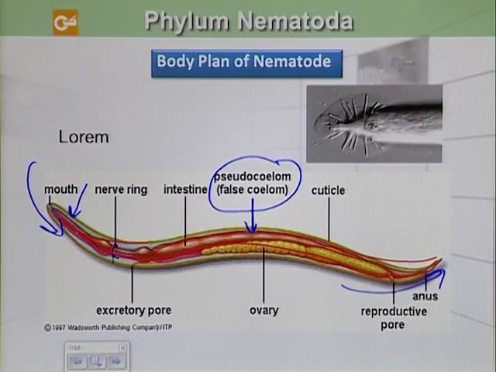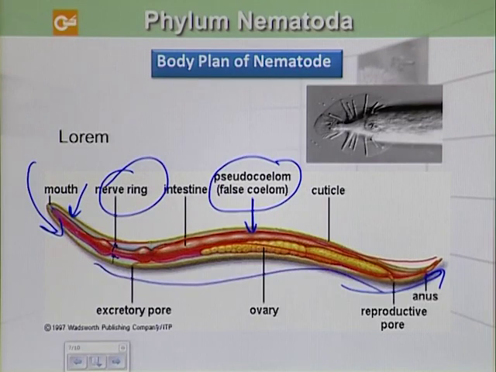And now we can see that about their nervous system, there is a nerve ring around the pharynx, we can see here, and it gives rise to dorsal, ventral and lateral nerve cords which run throughout the length of this worm. And the other thing which we have to note here is that there are actually hair-like sensory organs जो कि mostly 16 in number होते हैं, and they are present here near the mouth.